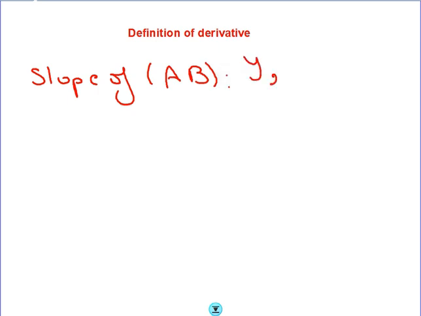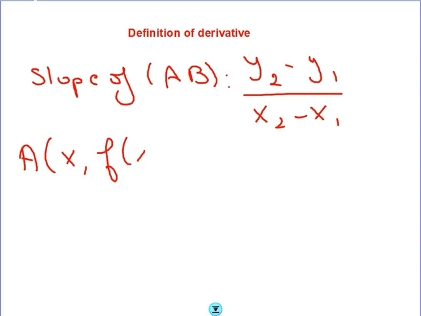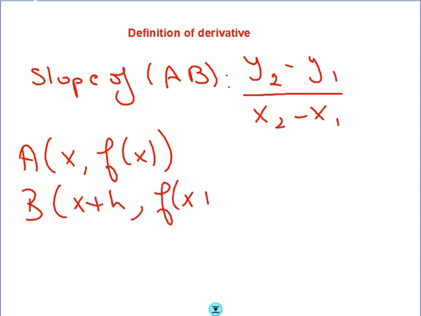Okay, we know that it is y2 minus y1 over x2 minus x1. Since point A has coordinates x, f of x, this is x and y. B has coordinates x plus h, f of x plus h. f of x plus h means the corresponding y value of x plus h. Now you subtract y2 minus y1 over x2 minus x1.